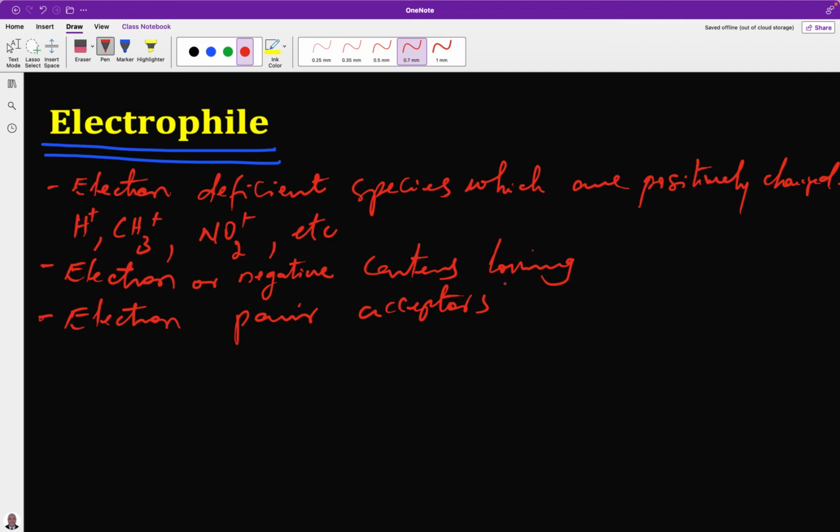We can say they are attracted to electron-rich centers, or they attack electron-rich centers, for example the double bond.